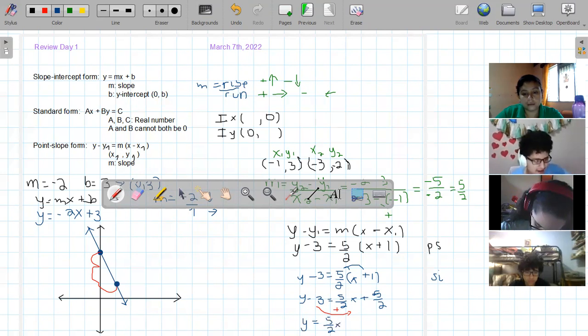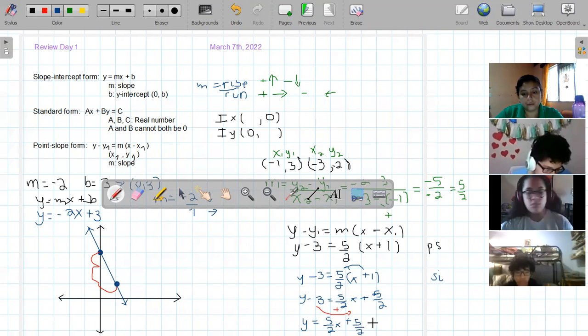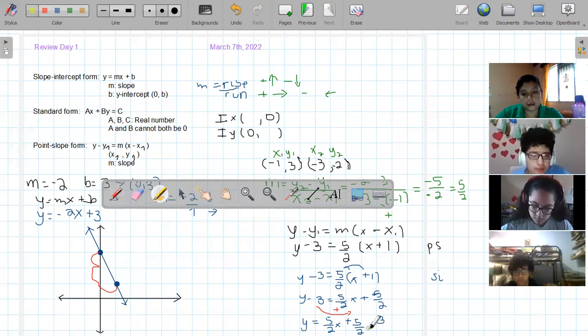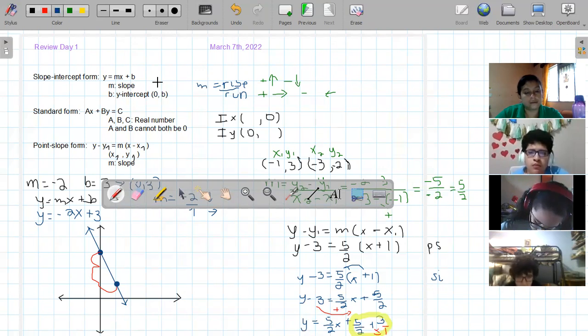5 over 2 x plus 5 over 2 plus 3. For this part over here, I need to do the happy face method. So it means that I'm going to add that invisible 1, and I'm going to do the happy face method, okay, and I'm placing that over here.